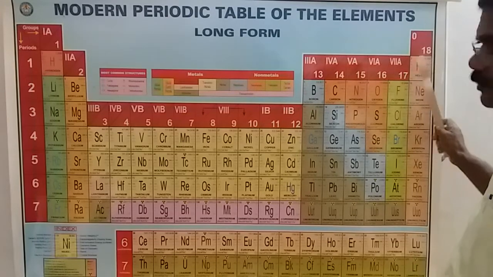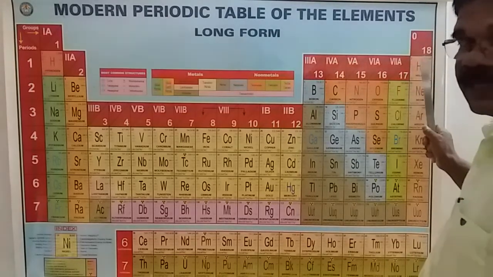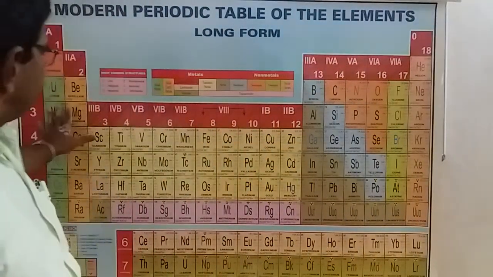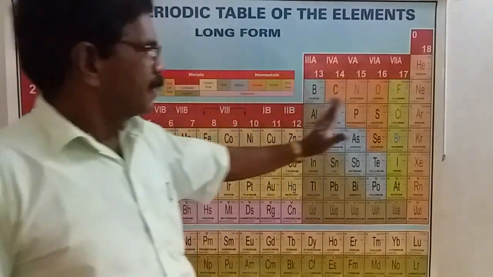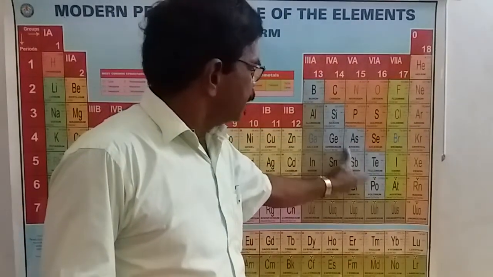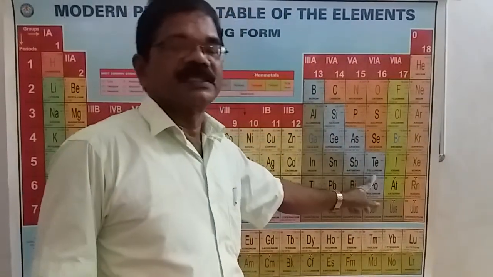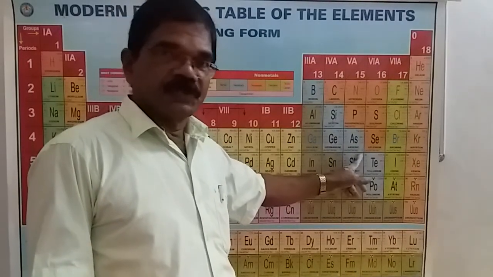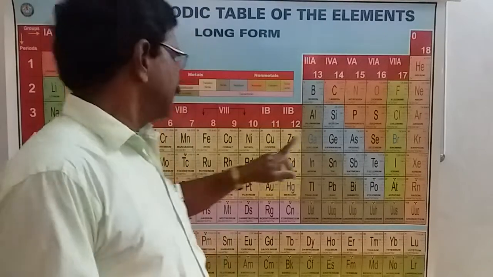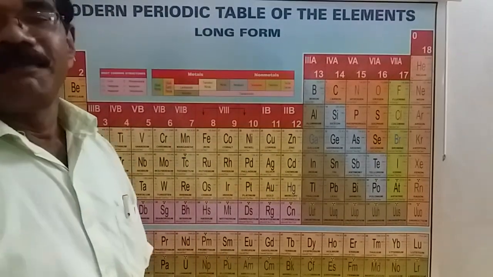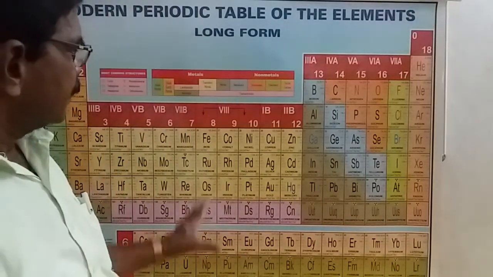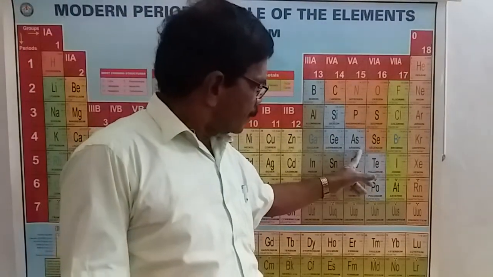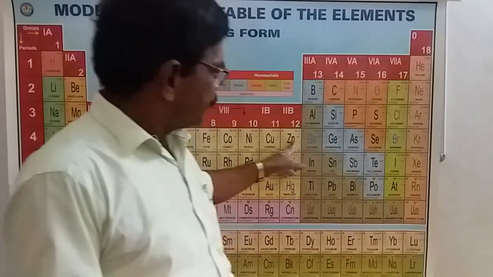Always remember, while we are studying properties, we exclude the zero group elements. So, metals, non-metals, and in between these are the metalloids. Those elements which show the properties of both metals and non-metals are called metalloids. Then we come to the next step.